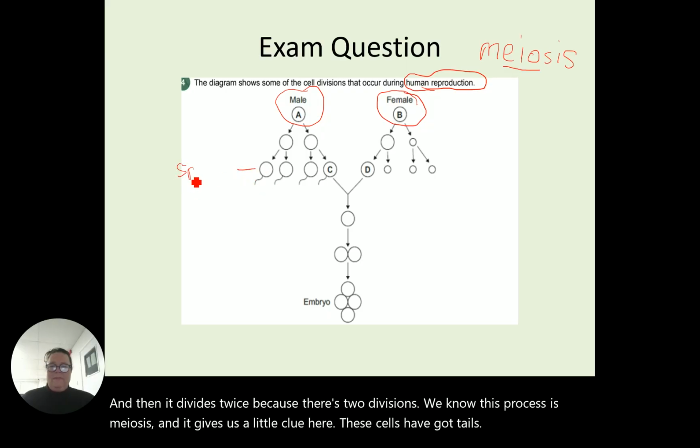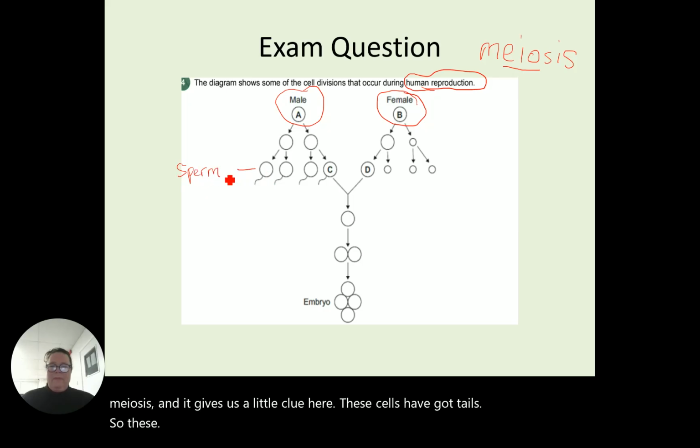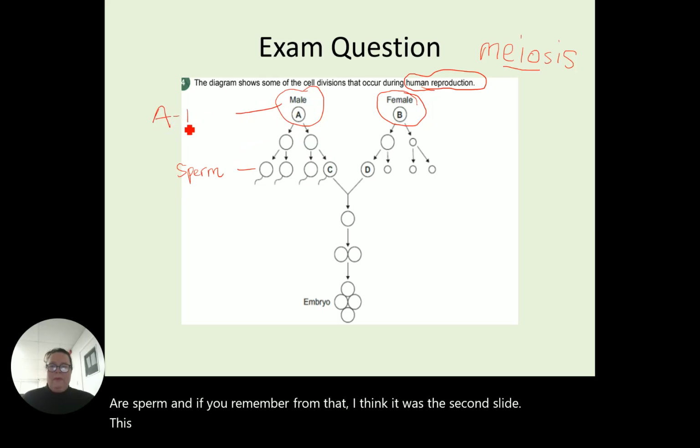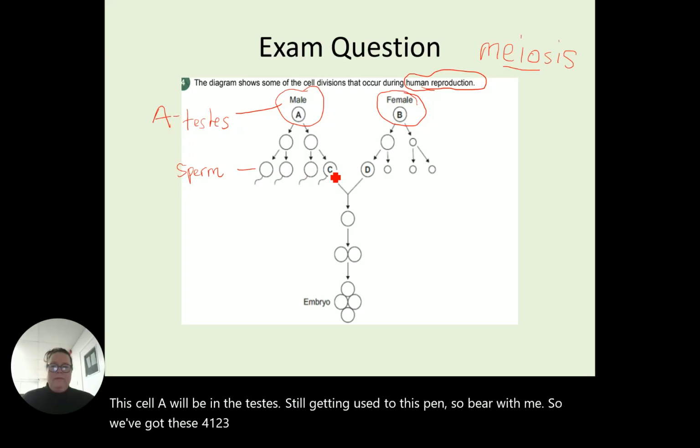So these are sperm. And if you remember from the second slide, this cell A will be in the testes. So we've got these four sperm along here.